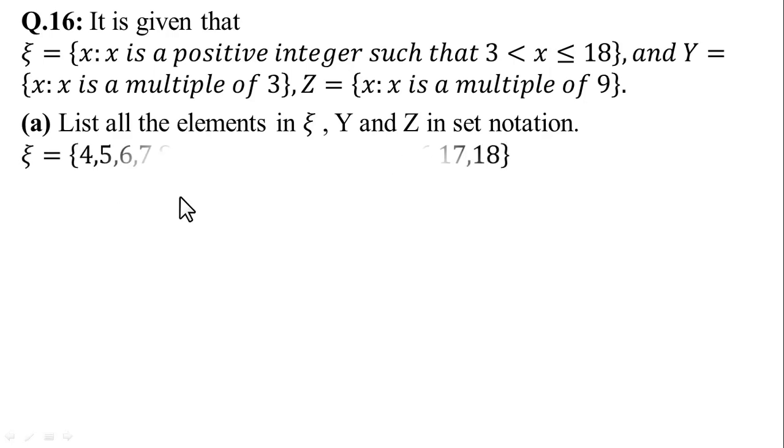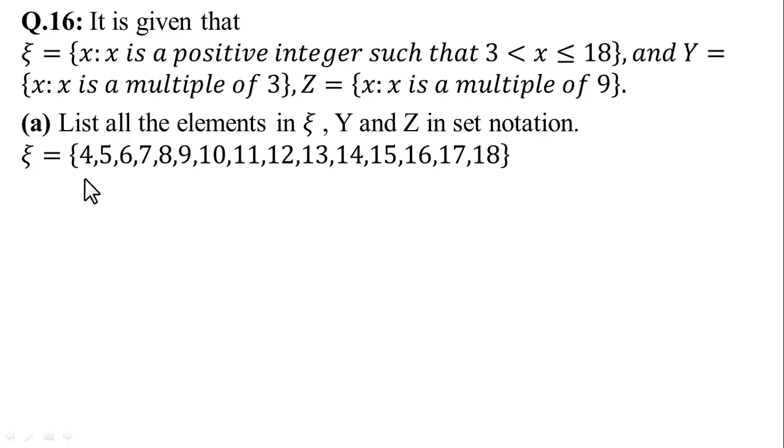First of all, the universal set is equal to x such that x is a positive integer, x is greater than 3 and less than or equal to 18. So the universal set is equal to 4, 5, 6, 7, 8, 9, 10, 11, 12, 13, 14, 15, 16, 17 and 18, and Y is equal to x such that x is a multiple of 3.